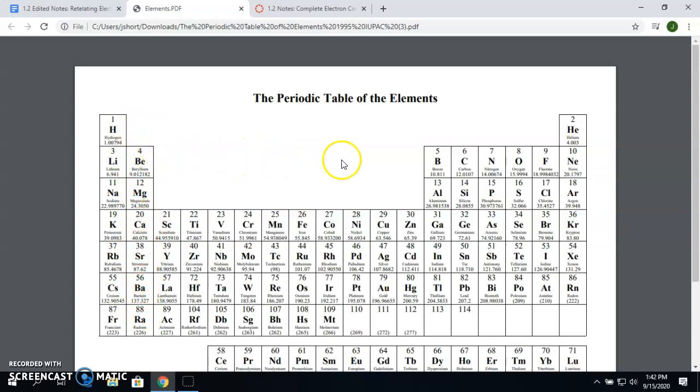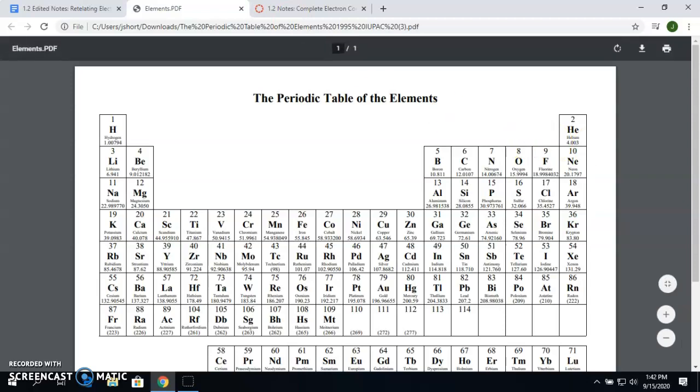We skip this central sunken down region, that's the skip a few section. Anything in main group 3 has 3 valence electrons. Anything in main group 7 would have 7 valence electrons, and anything here would have 8 valence electrons. So again, main groups are the column numbers, they're the vertical columns, and the saying to remember this is 1, 2, skip a few, 3, 4, 5, 6, 7, 8.